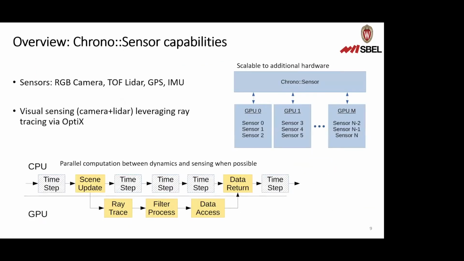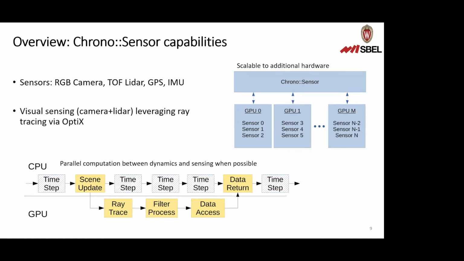So then diving more into what we've been working on for this project, which is the sensor side of things. The sensors that we support now are a camera, so an RGB camera, time-of-flight LiDARs, specifically time-of-flight scanning LiDARs, which is what is most commonly used in automated vehicles. So, for example, the Velodyne LiDARs are scanning LiDARs.